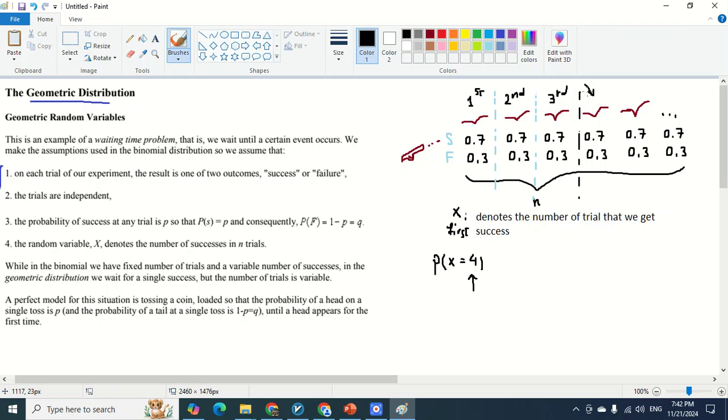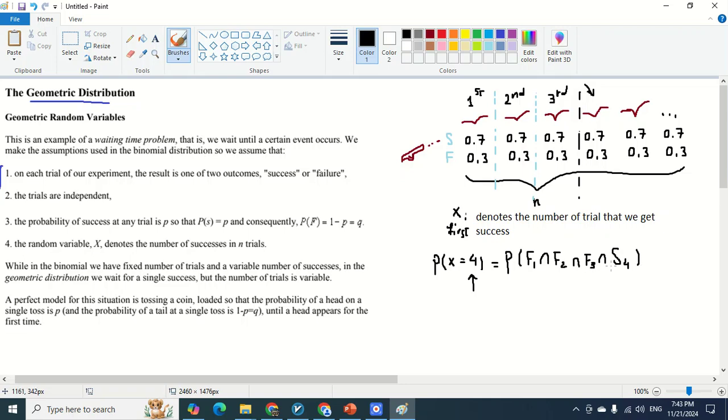In other words, the probability of x equal to 4, for example, is the same as the probability of getting a failure at the first try, and getting a failure at the second try, let me denote it by F2, and getting a failure at the third try and the success at the fourth try. So when I talk about the probability of x equal to 4, I want to have the failure at the first, second, and third case, and at the end we are looking for the first success at the fourth try.